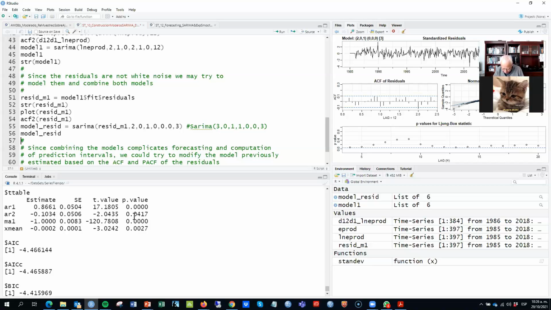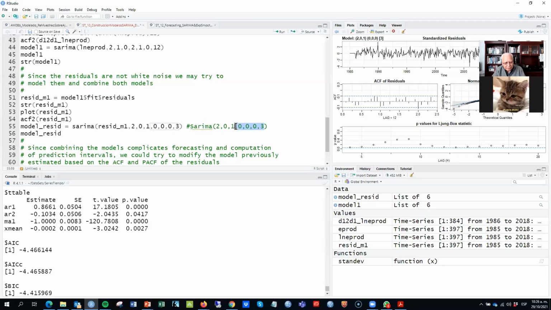I'm going to go back to my iPad here. So that will be a SARIMA 2,0,1, and no, I don't have any seasonal terms, so in fact I can remove this whole thing, but I leave it like that.